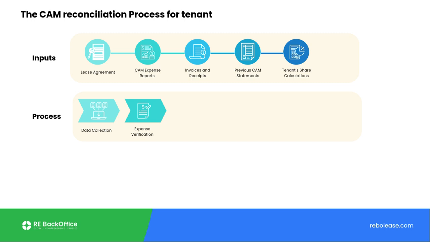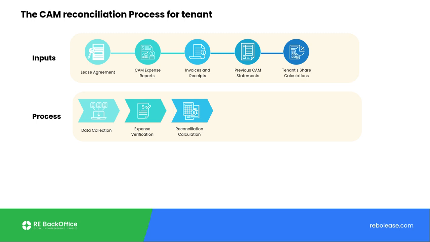Verify accuracy, ensuring all expenses listed are legitimate and conform to the lease agreement. Allocate costs. Distributing costs among tenants based on their lease space or other agreed-upon methods. Reconciliation calculation. Compute the tenant's share, calculating the tenant's share of the total CAM expenses based on the lease terms.